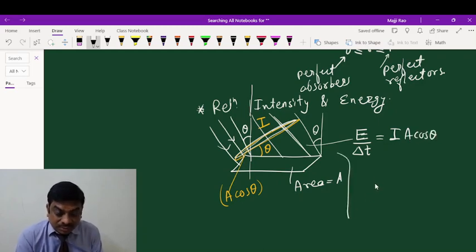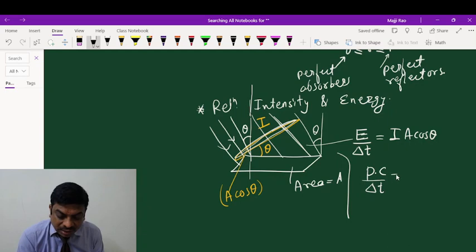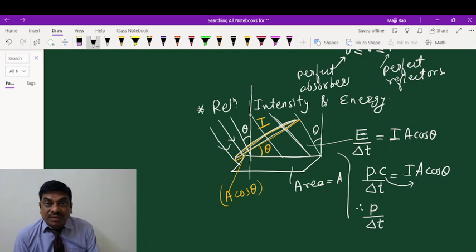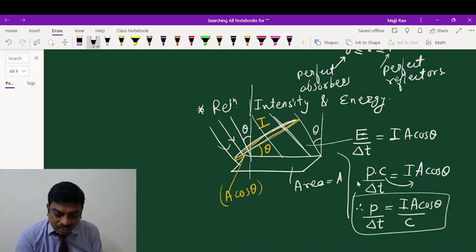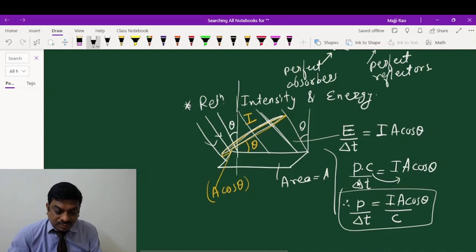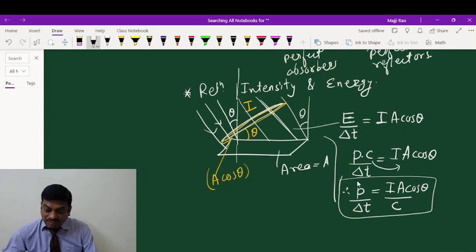Okay, students? And this can be written as momentum into C upon delta T. So therefore, the rate at which momentum is carried is actually equal to I A cos theta by C. Okay, students? This you have to understand clearly.